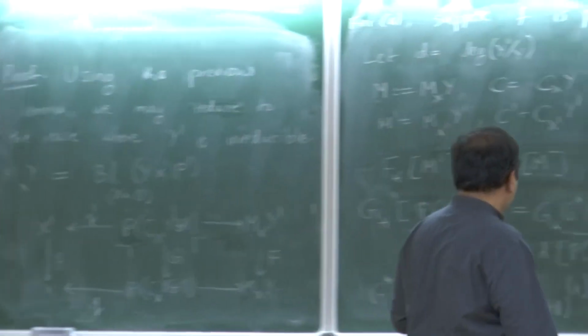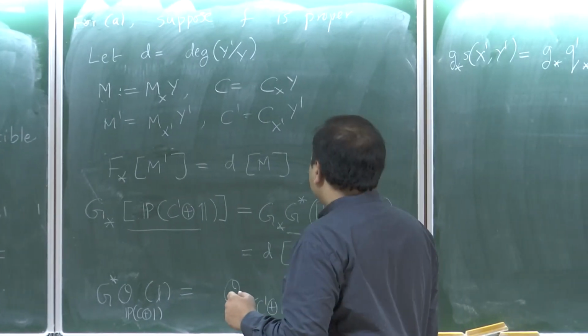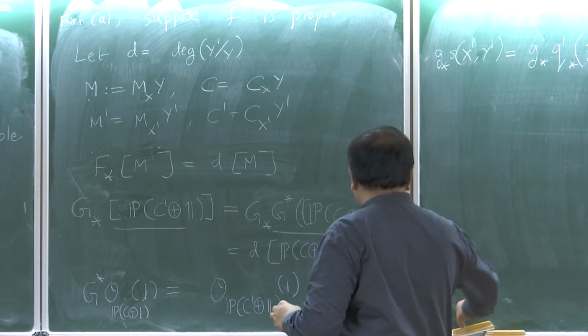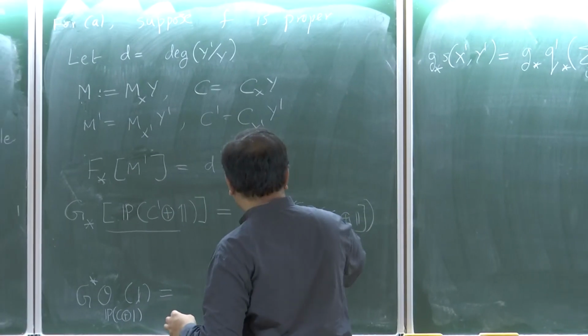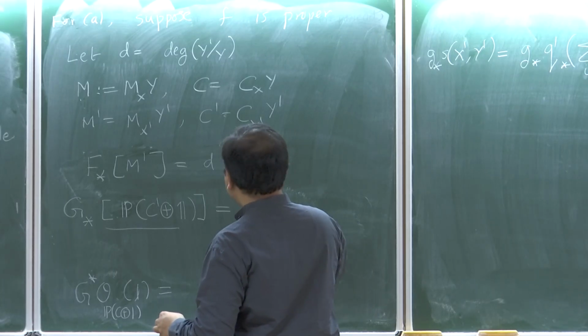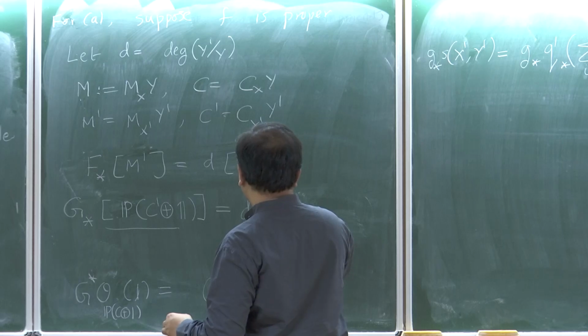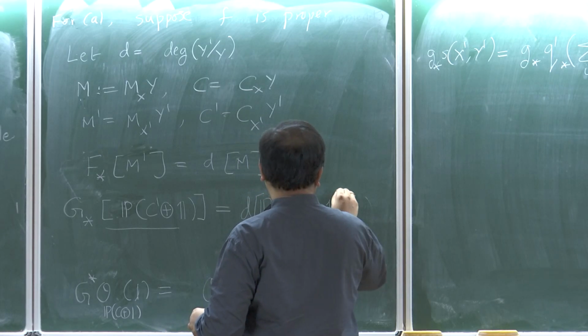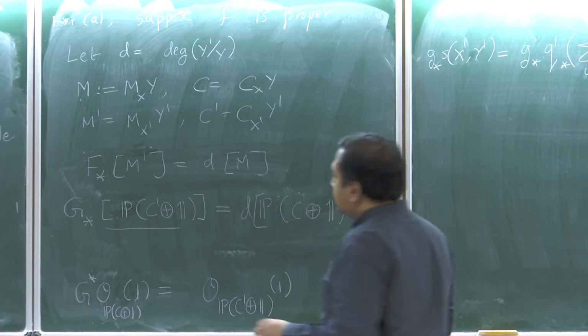Yeah, it shouldn't require this. I shouldn't have done that actually. This is just from definitions actually. P of C plus 1, right?